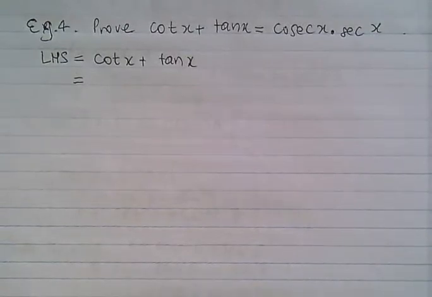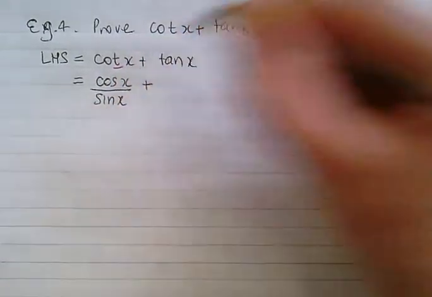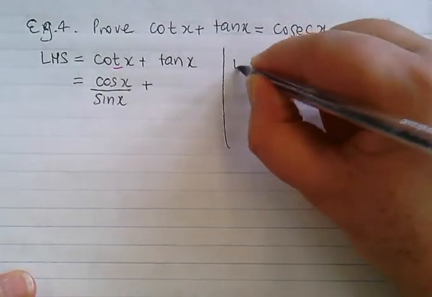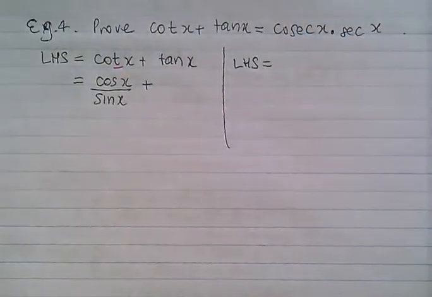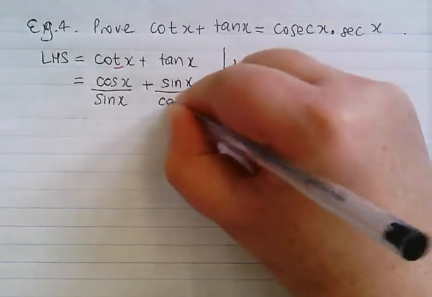It's the reciprocal of tan. Don't write it as 1 on tan. Write it as cos on sine, plus, tan is sine on cos. We'll try another way. There's always many different ways to do it, right?